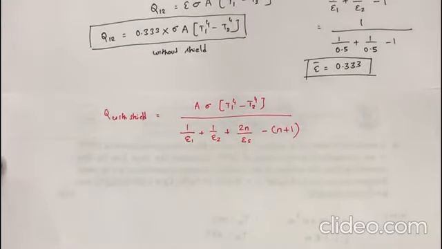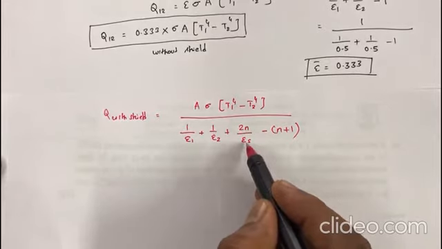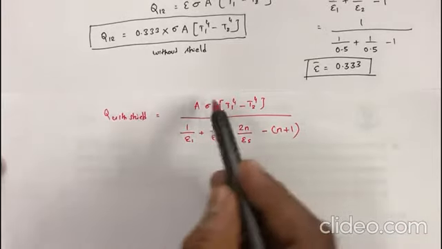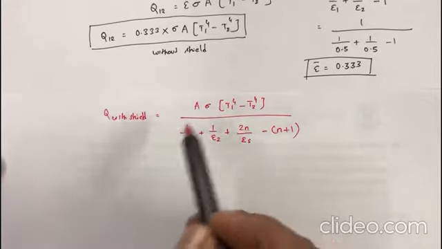So this will be your equation which is available in the data book. n is the number of shields present, epsilon s is the emissivity of the radiation shields. So now we can directly find out the heat transfer with shields between 1 and 2 using this equation.